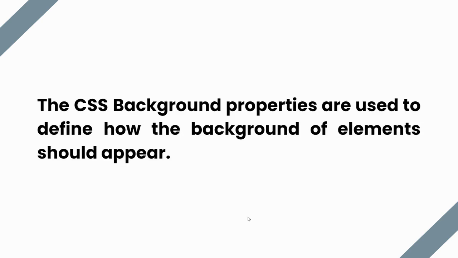The CSS background properties are used to define how the background of elements should appear. The background property here is not limited to the one in HTML, which only lets you apply a color to elements. Here you can have multiple properties you can use to define the background of different elements, and we'll be seeing that in the next slide.